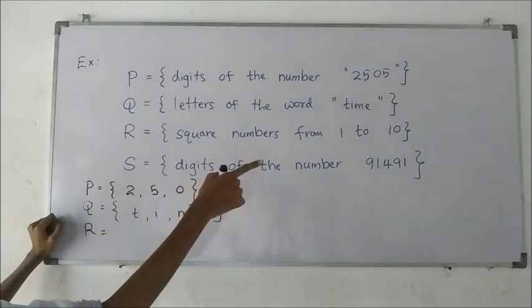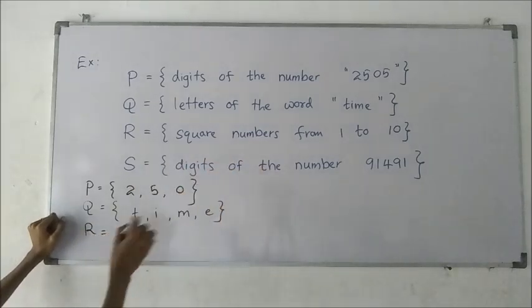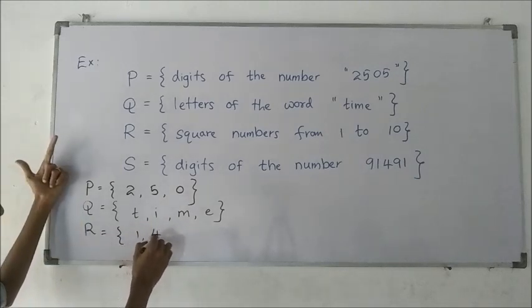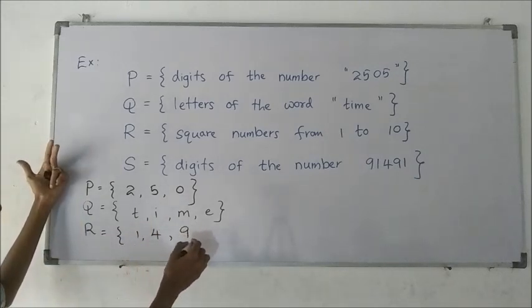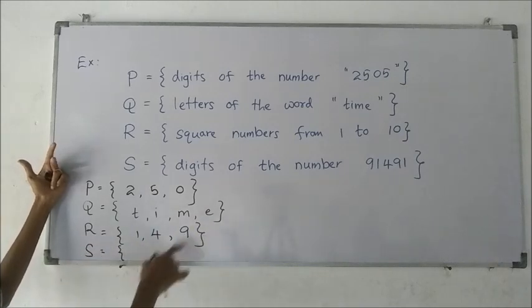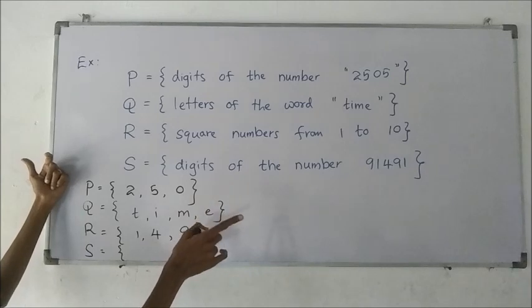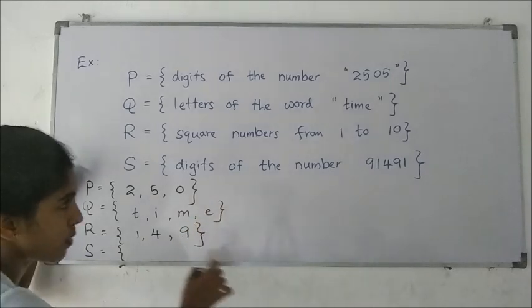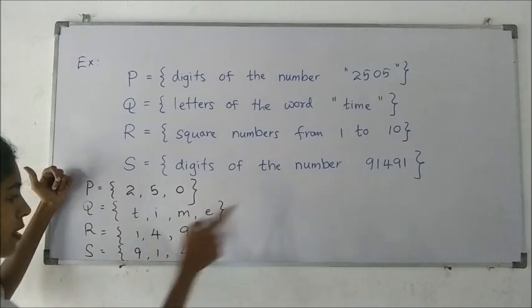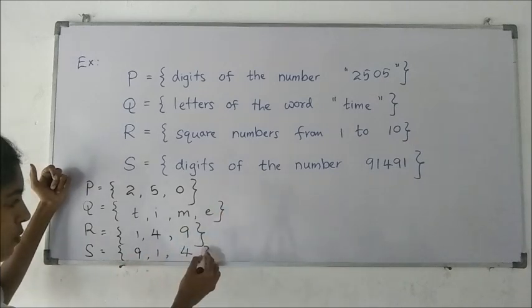Set R, square numbers from 1 to 10. From 1 to 10, we know that 1 is the first square number, second square number is 4, third square number is 9, only this much. And set S, digits of the number 91,491. So 9 is there, 1, 4, 9 is written, 1 is also written.